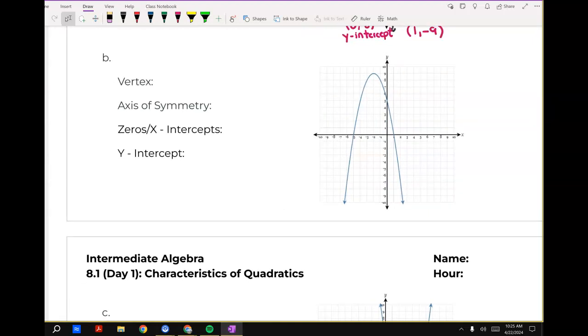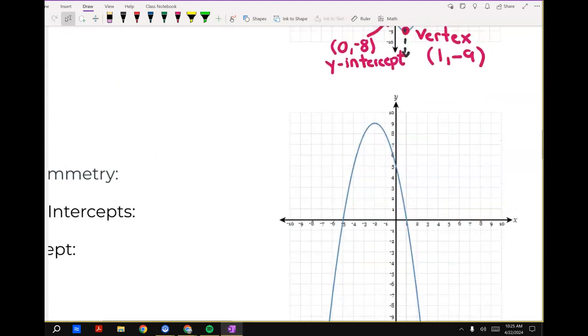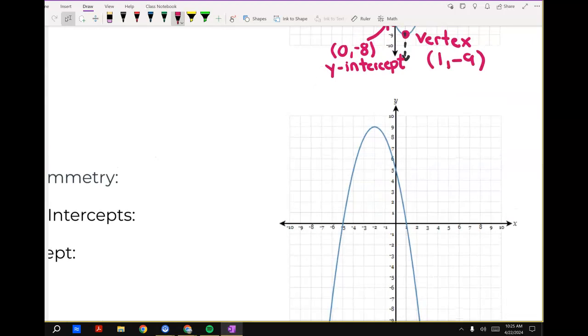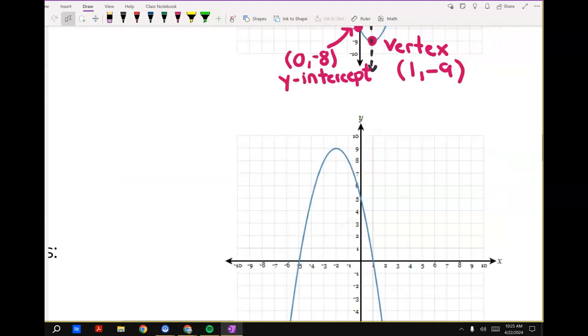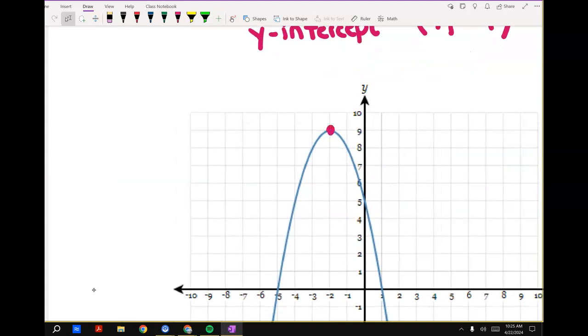I'm going to do the same order that I found them last time, doing my vertex first. This time our vertex will be what we would call a maximum value because it's the highest point on our graph. So it would be the point (-2, 9).